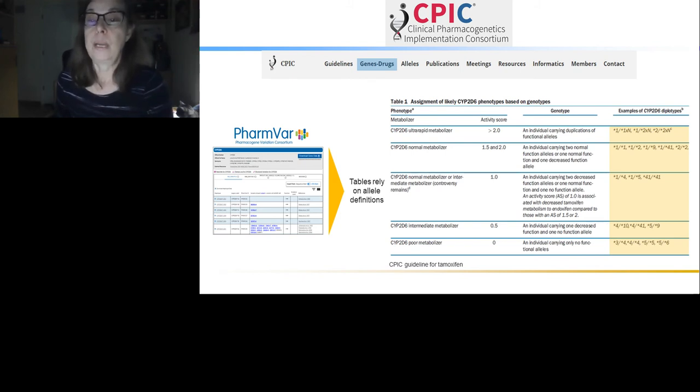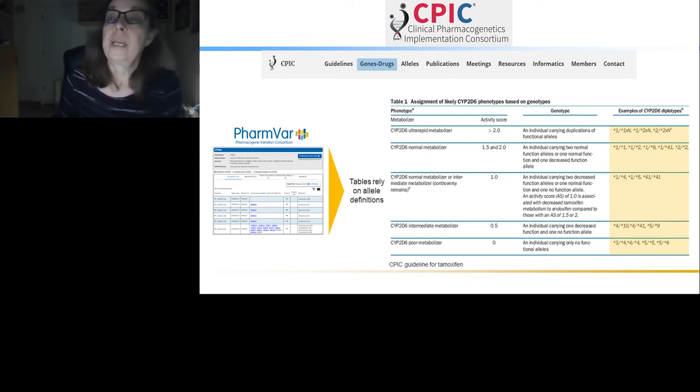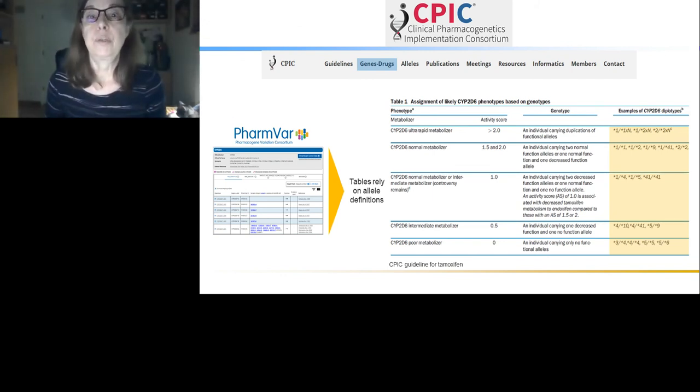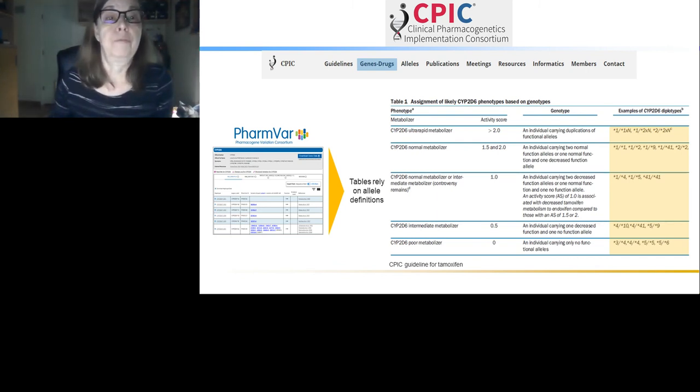And then to your right, you see examples of CYP2D6 diplotypes. And again, you see here the star nomenclature. And these go back to these definitions that are listed in PharmVar. So we are working very closely with the CPIC, again, to standardize the usage of these star alleles very consistently among the CPIC, PharmGKB, and PharmVar.